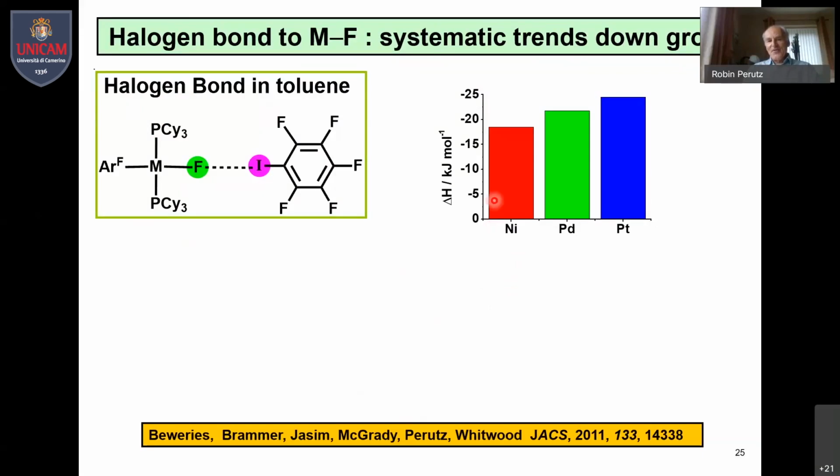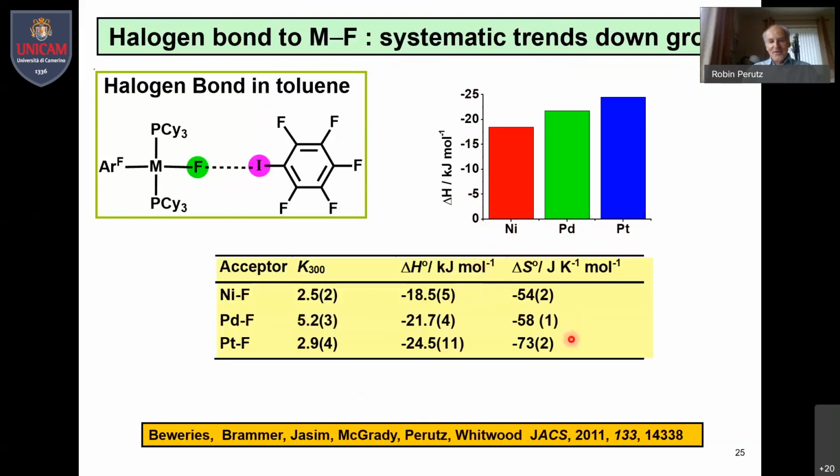This is a plot of the enthalpy, delta H, and I've written it so that it starts from 0 and moves to -25. So the strongest interaction there is with the platinum, a bit stronger than palladium with nickel, according to the enthalpy.